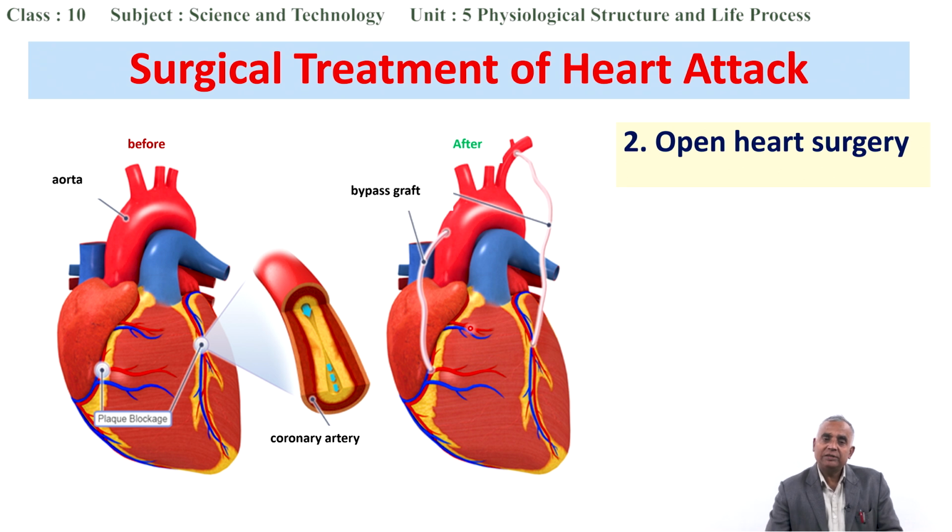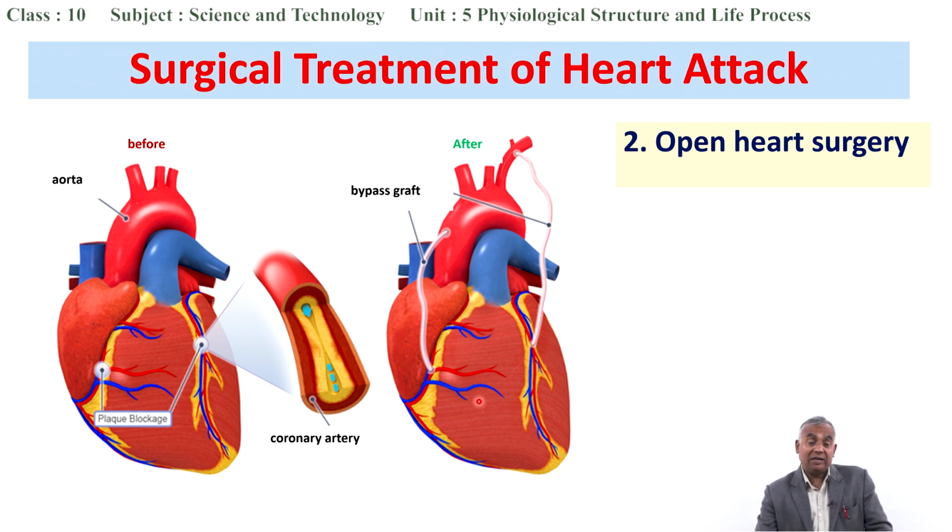For this purpose, artery and vein both can be used. Sometimes veins are used, but usually an artery from nearby, look here, from the aorta a branch is taken, where there are two branches for the supply of blood to the same organ, one of them is used and grafted here. That supplies blood to the remaining parts and the heart cells do not die.